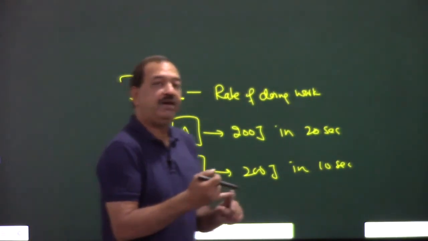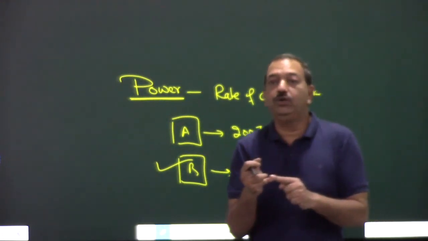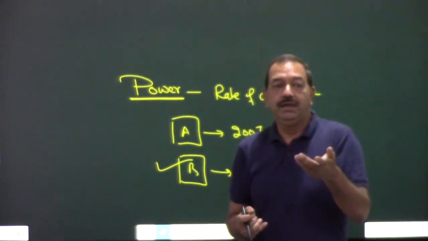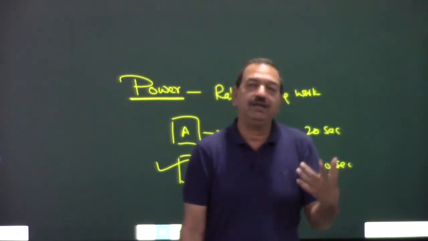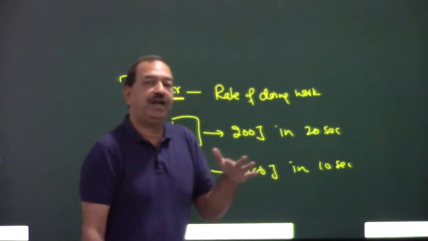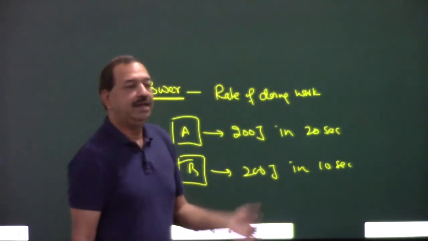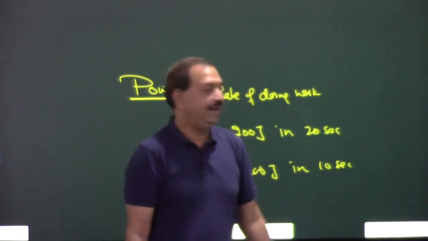So power is not only related to work, it is related to rate of doing work. Means how fast you can do work. As much faster as you can do work, that much more power you have. So a device which can do work faster will have greater power, and a device which does work slower will have lesser power.